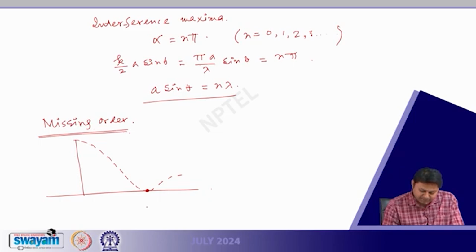Diffraction minima means at this point my condition is B sin theta is equal to m lambda.